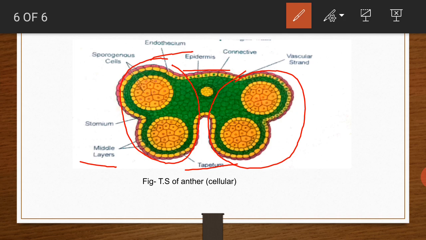Each microsporocyte or sporogenous cell, which is present at the center of the microsporangium, undergoes mitotic divisions and produces a number of microspore mother cells or pollen mother cells. Each spore mother cell is diploid in nature, that is 2n.